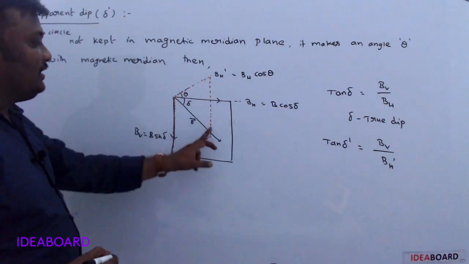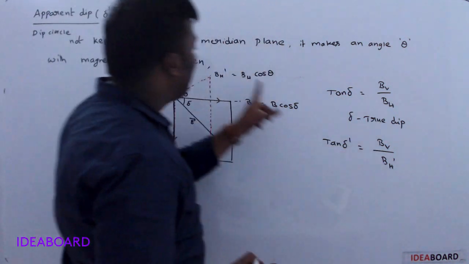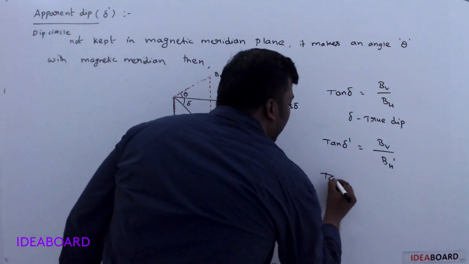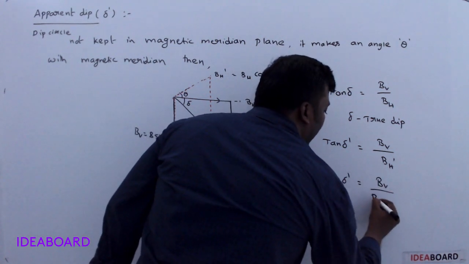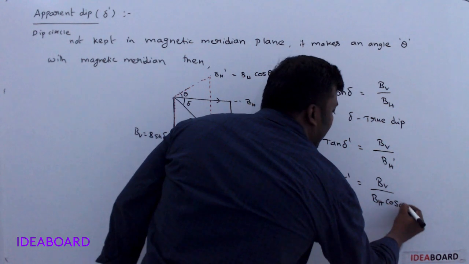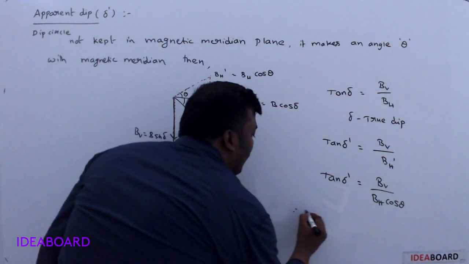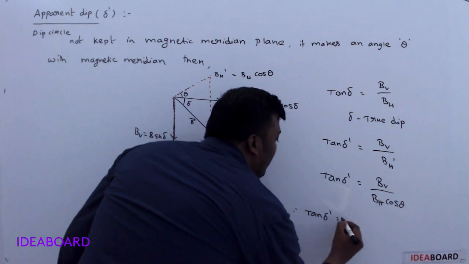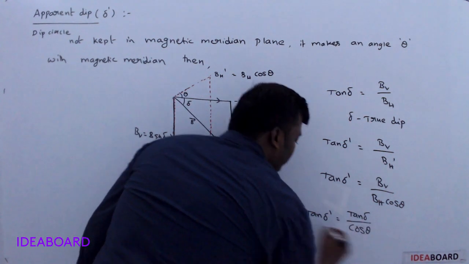See, BV does not change for both planes. BH dash value is BH cos theta. Therefore, tan delta dash is equal to BV by BH cos theta. But BV by BH value is tan delta. So, tan delta dash value is how much? Tan delta by cos theta.